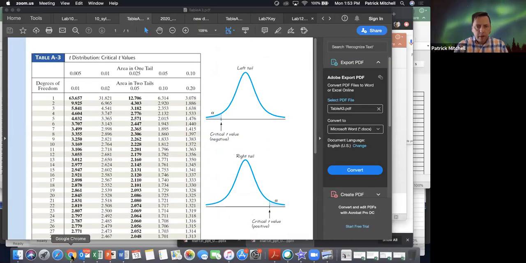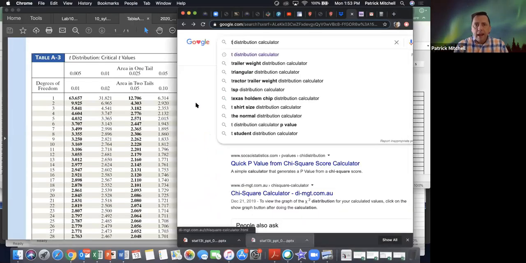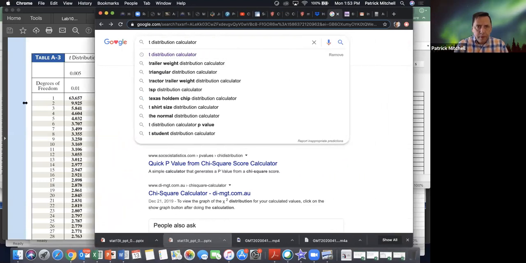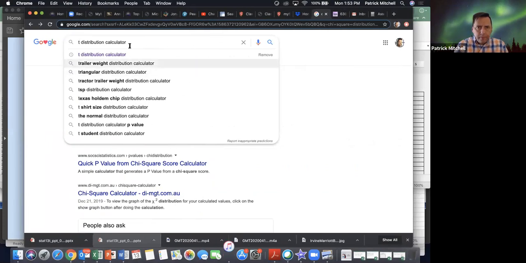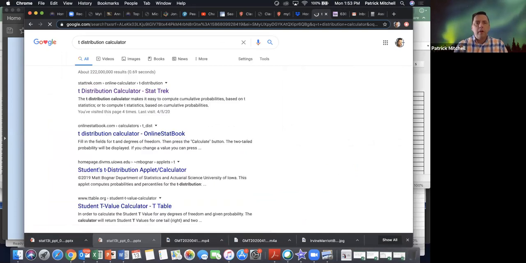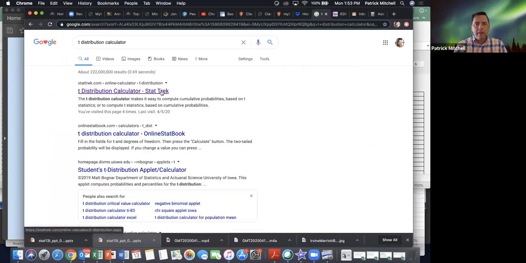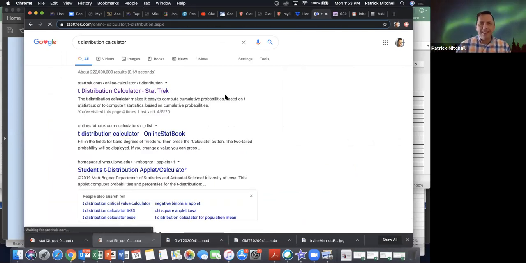I'm going to bring up my browser, and I have already typed t-distribution calculator into Google. I'll just make this a little bigger. There we go. So that brings up StatTrack. I'm going to click on that.